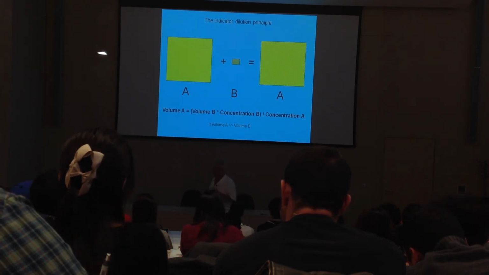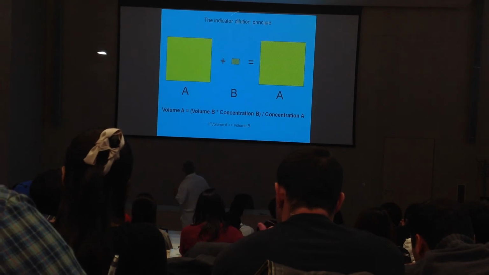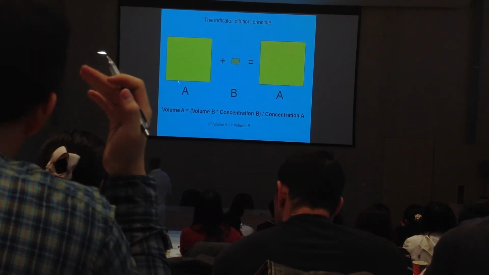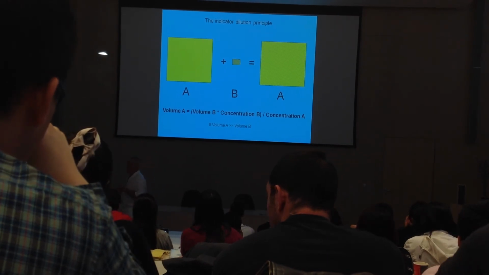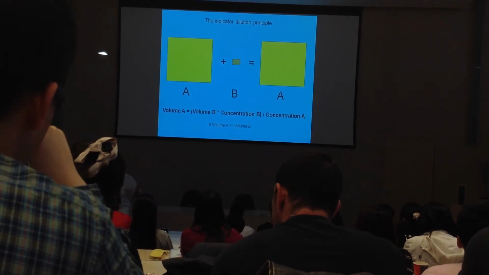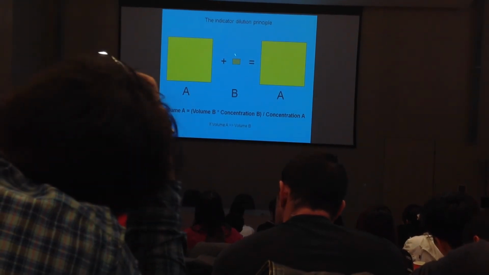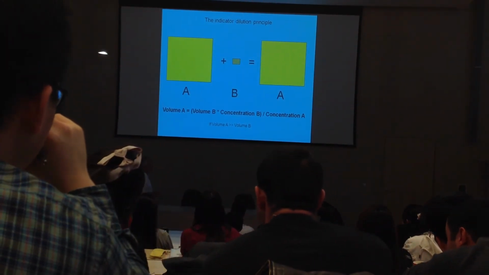How can we measure the total? The dilution principle states the following. If we have a volume to be measured with unknown extent, so we don't know what the volume is, and at the same time we have a small volume of indicator.